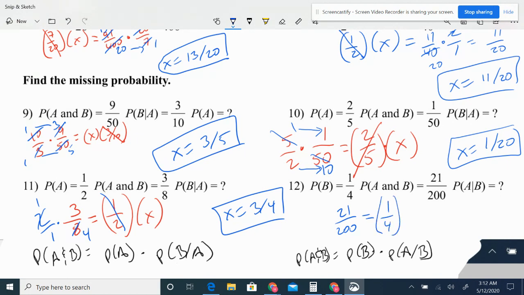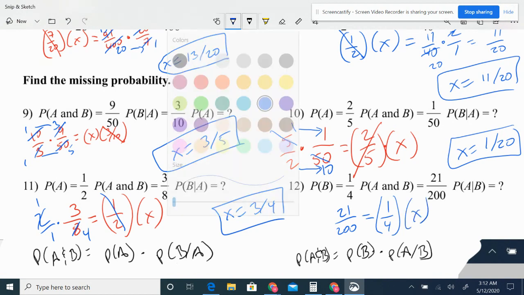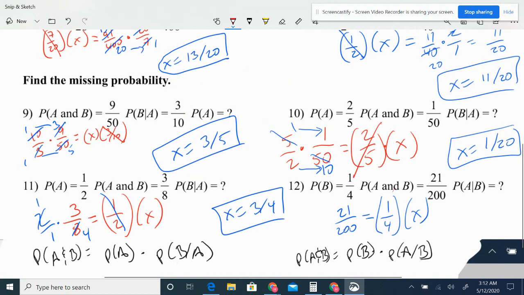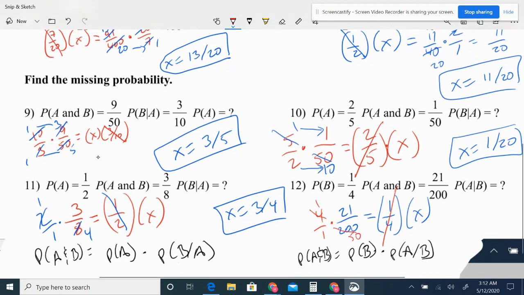Probability of A given B, I don't know what that is, so I'm calling it X. So in order to divide by 1/4, I'm going to multiply the other side as well by 4 over 1. So let me simplify 4 and 200. That becomes 1 and 50. So I'm going to end up getting that X is equal to 21 over 50.